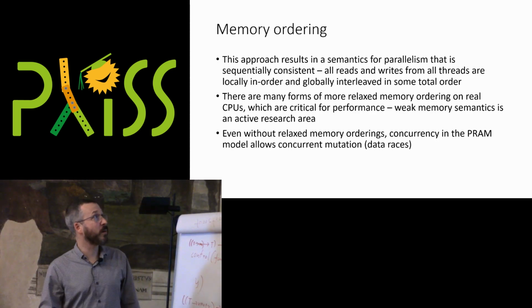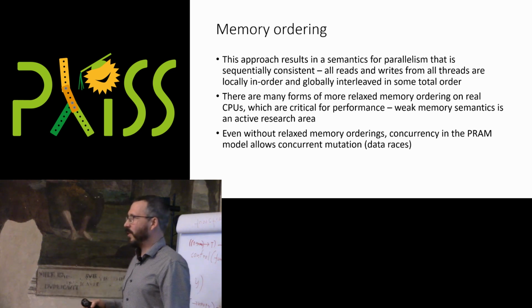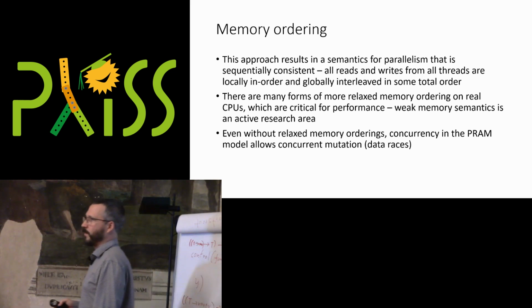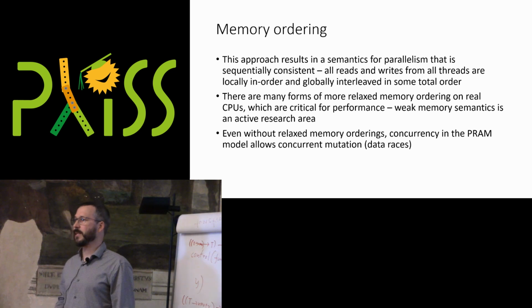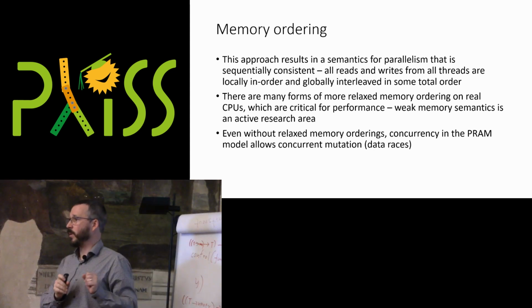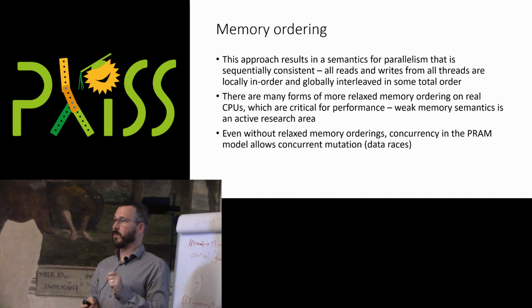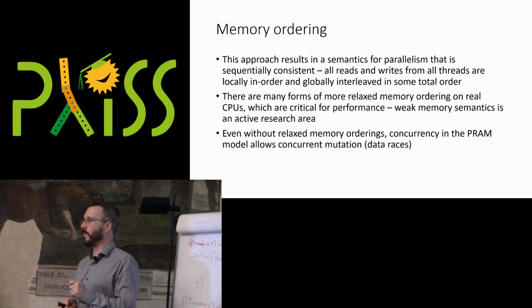All right, so memory ordering. This is where this gets super, super hard. And this expresses sequential consistency. And so that stuff about observation really makes sense when you're talking about a sequentially consistent semantics, but it really doesn't make sense when you're talking about a relaxed memory model.